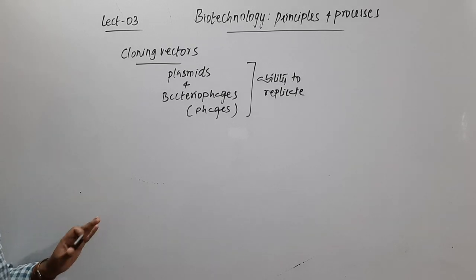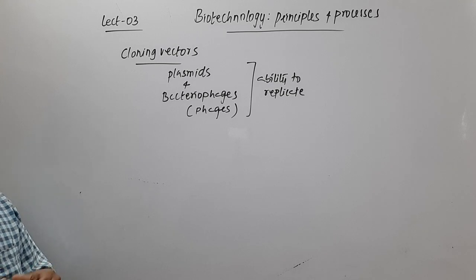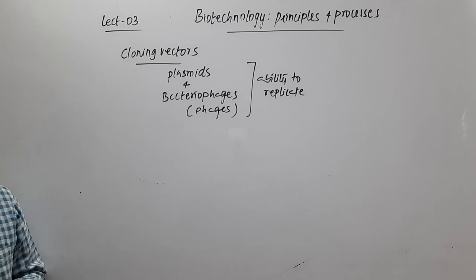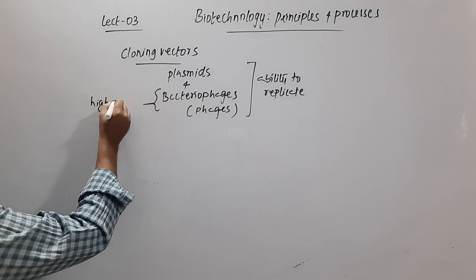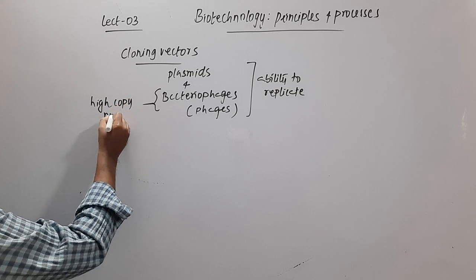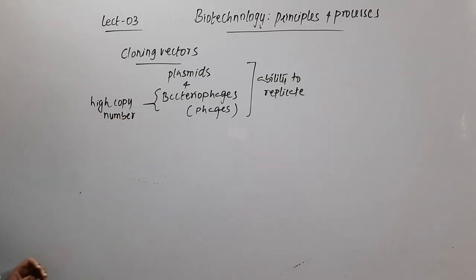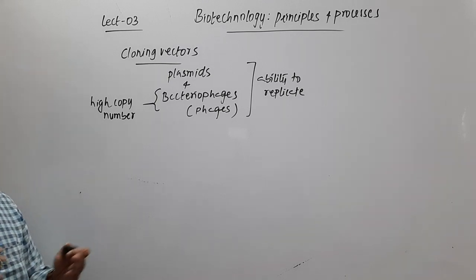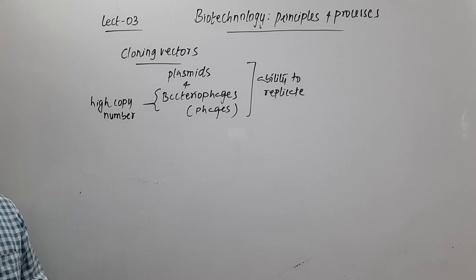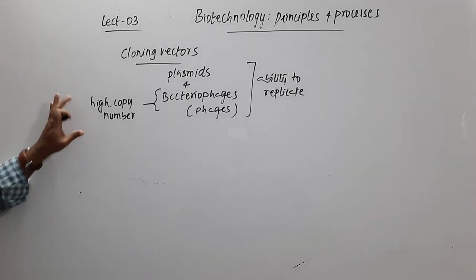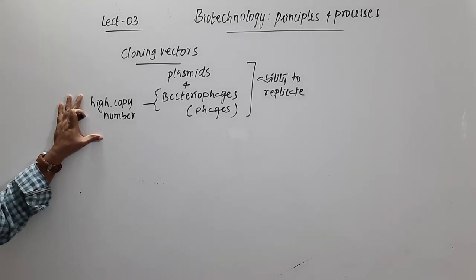They are independent, so they don't depend on the chromosomal part of that bacterial cell or bacterial DNA. And these bacteriophages have high copy number, which means they can divide and form many copies within the bacterial cell.